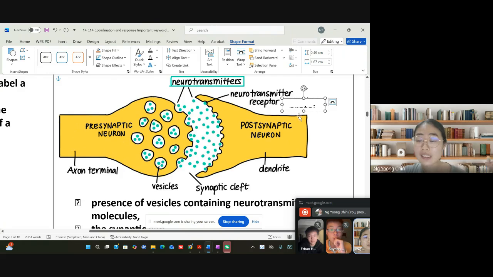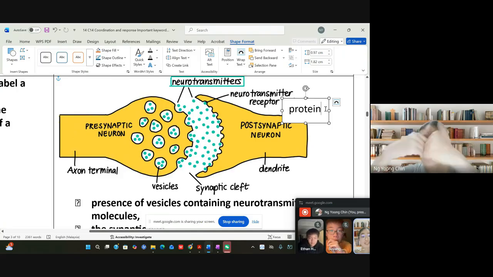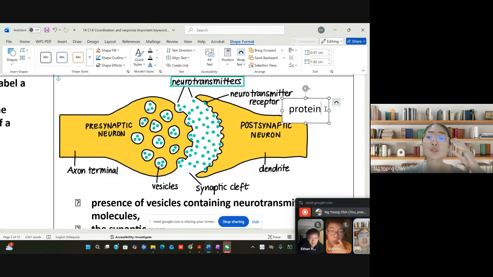So this is just like an enzyme binding to substrates. When the substrate is able to bind to the enzyme, there must be complementarity. Same here, the neurotransmitter should bind to the receptor proteins on the post-synaptic neuron. So the neurotransmitter should have a complementary shape to the receptor proteins. Only then can they bind to each other.